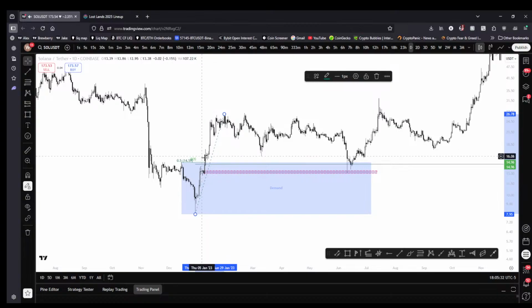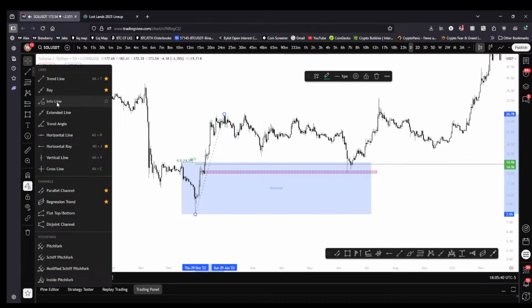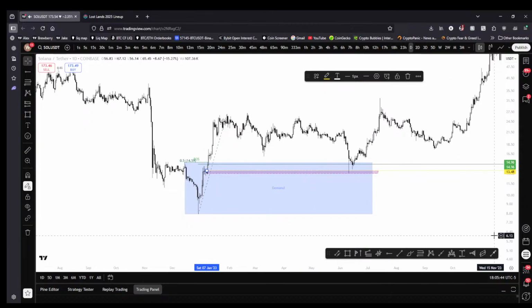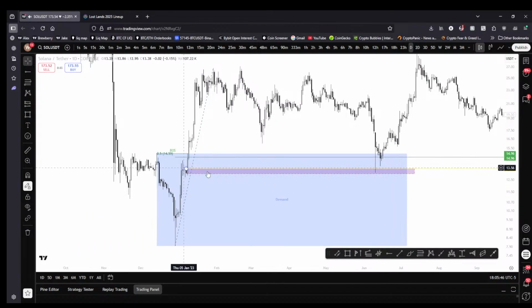We don't care about this order block, right? Because it's not in discount of the range. Where's the first order block that's in discount of the range? Well, it's down here at $13. Right? And what do you know? That's where we bounced from.